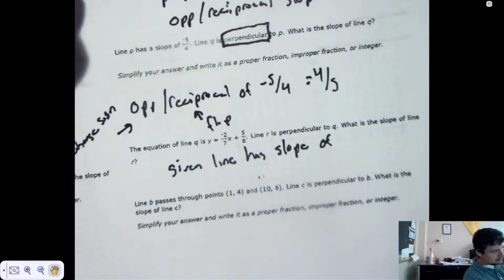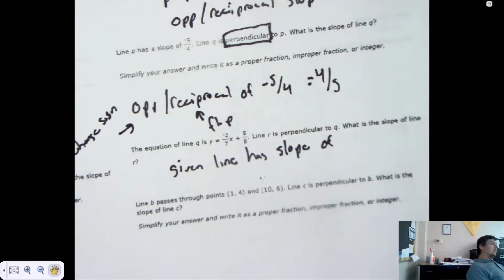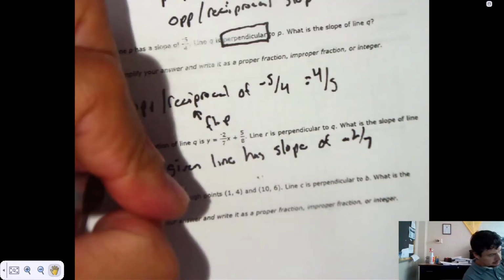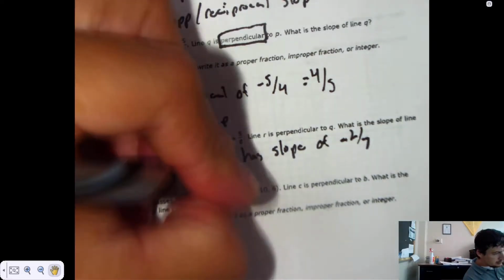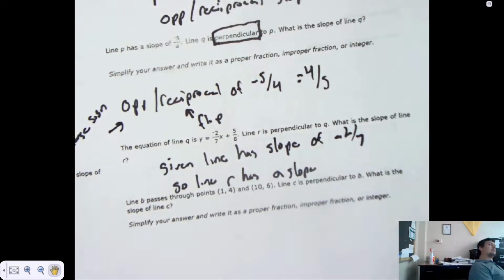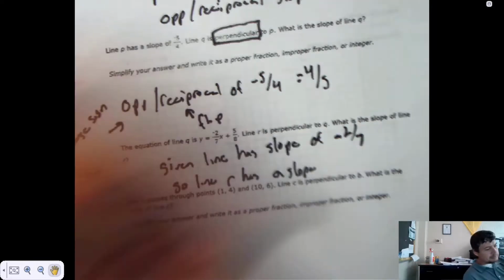When something is given in mx plus b, slope is the number in front of x. -2/7. So if the given line has a slope of -2/7, then our task is to find the slope of the perpendicular line. What is the slope of the perpendicular line, Lindsay? 7/2.